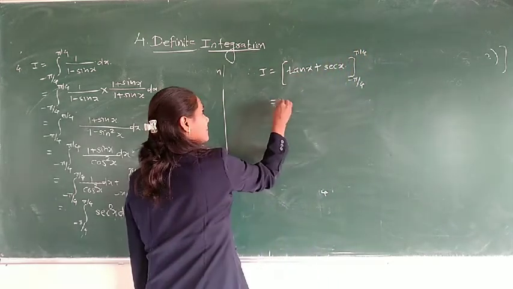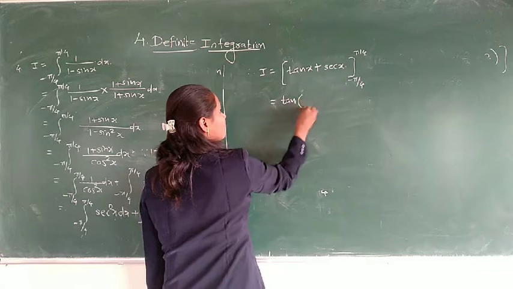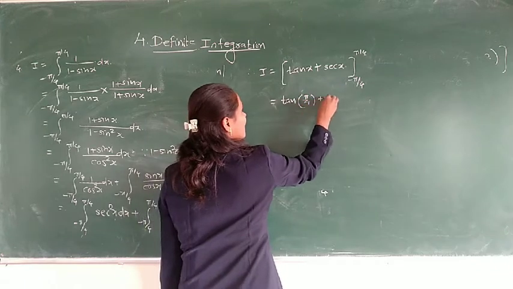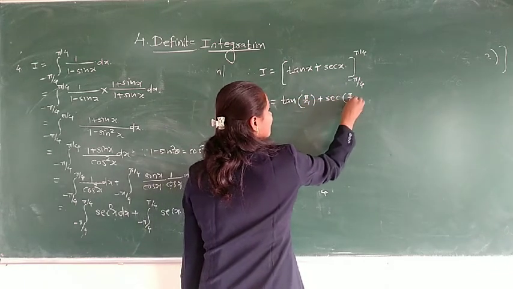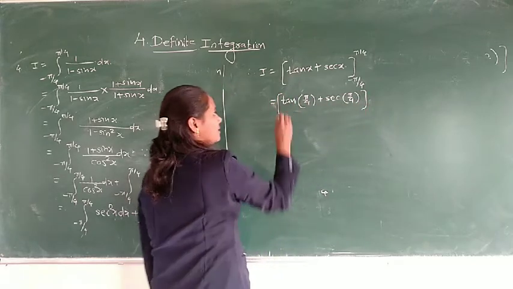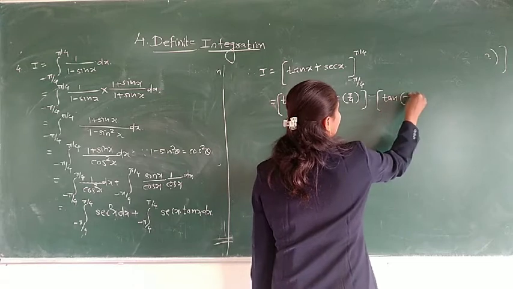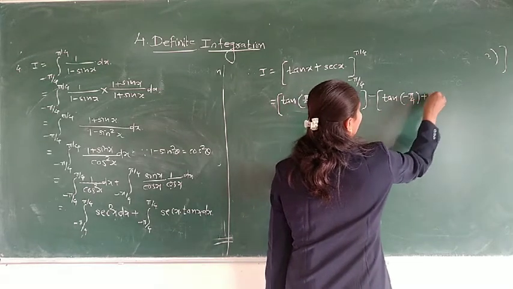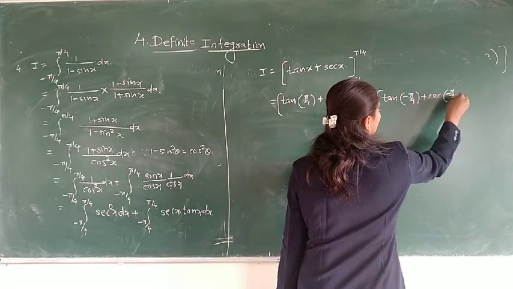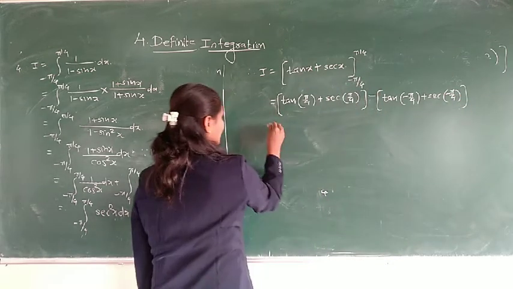So first use the upper limit: tan pi by 4 plus sec pi by 4. This is the upper limit. Now subtract the lower limit from this: tan of minus pi by 4 plus sec of minus pi by 4.